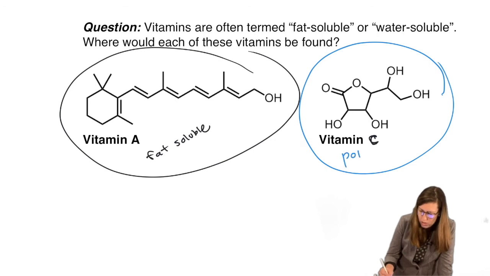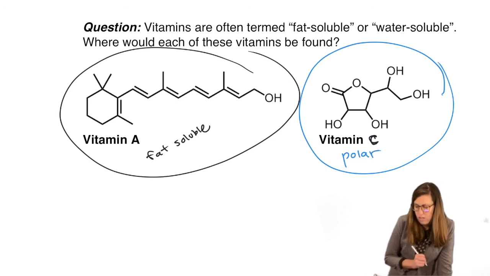Look at all those carbon-oxygen bonds. I mean, every carbon has an oxygen. So except for, oh yeah, even that one. So every carbon has a polar bond. So this is polar. So that's in the blood or urine, which is mostly aqueous. That's your aqueous layer in your body.